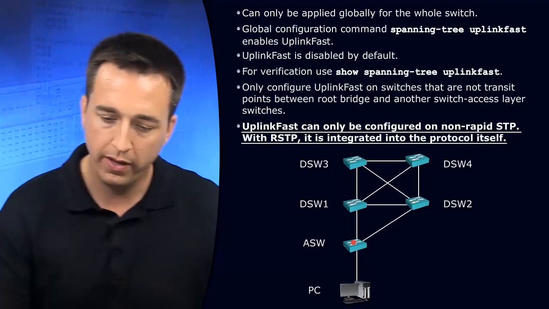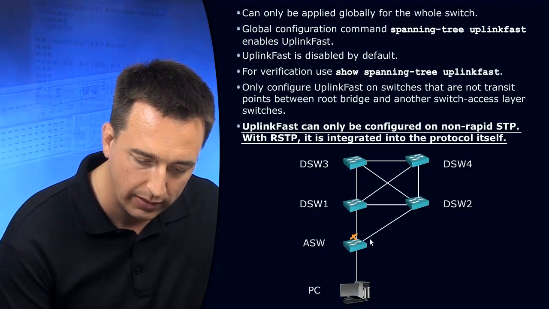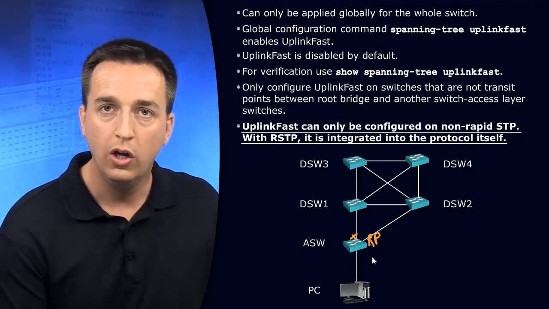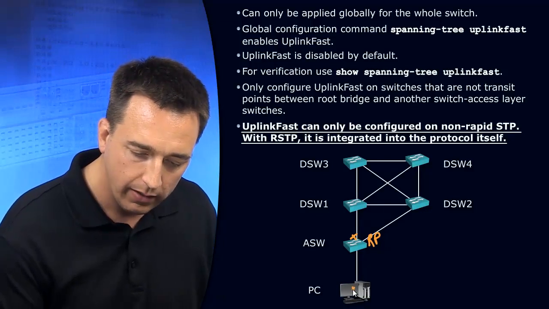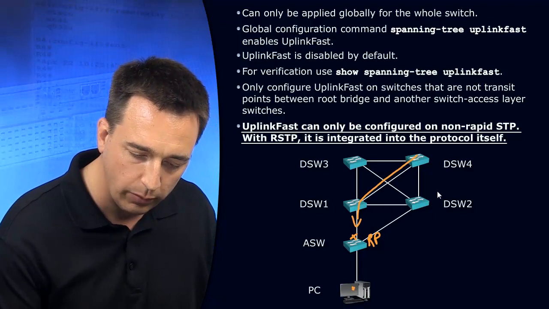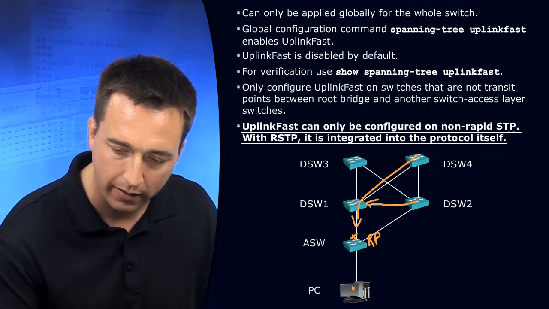For example, if this is now down and this is now the new root port, well, originally all the traffic to go to this PC was coming this way. So all the switches knew about this MAC address right here.